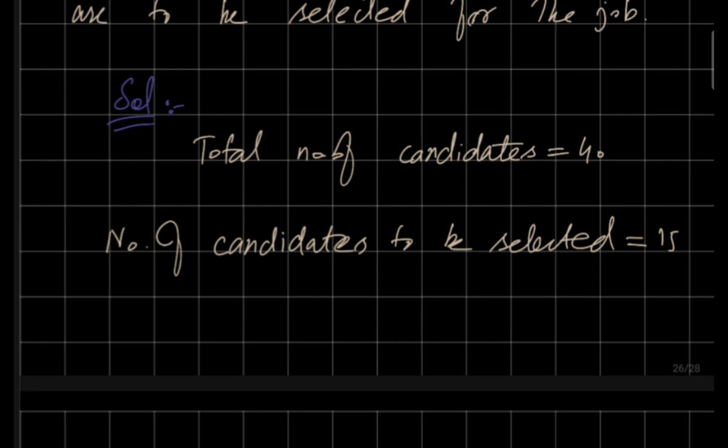So in this example, he only asks to select 15 people out of 40. He didn't ask to arrange them as well. So we have to only select 15 out of 40. So we will use only the formula for the combination which we have studied above.